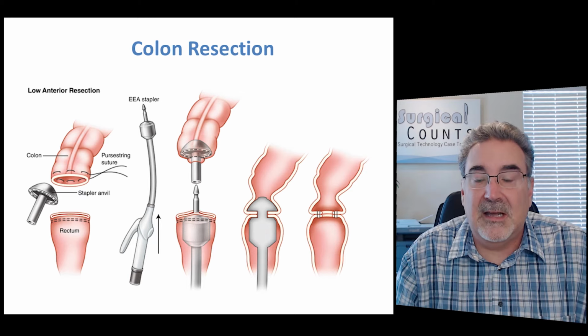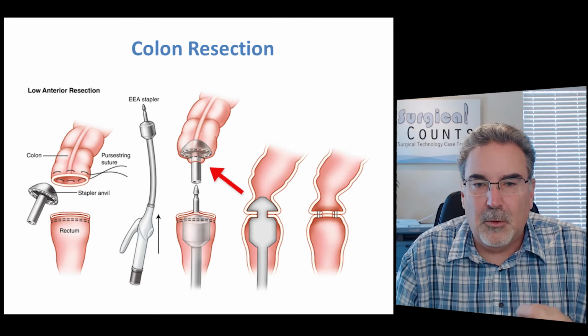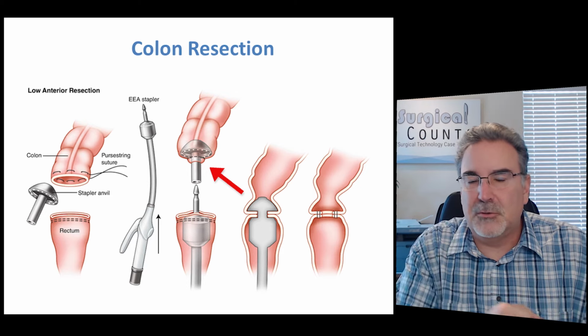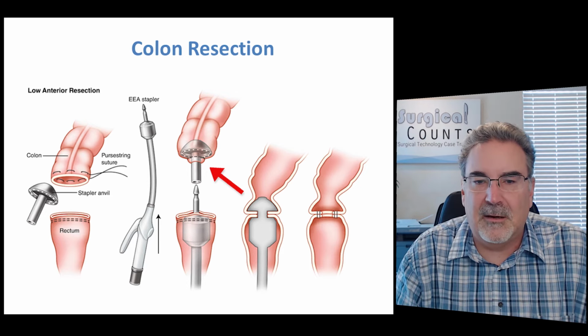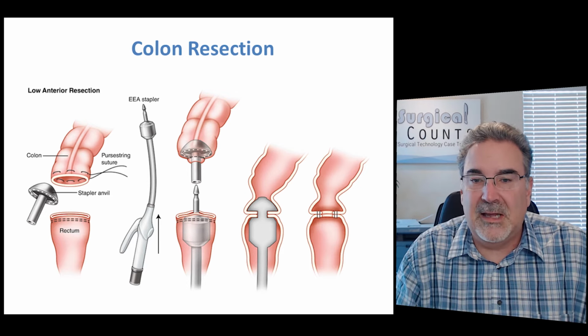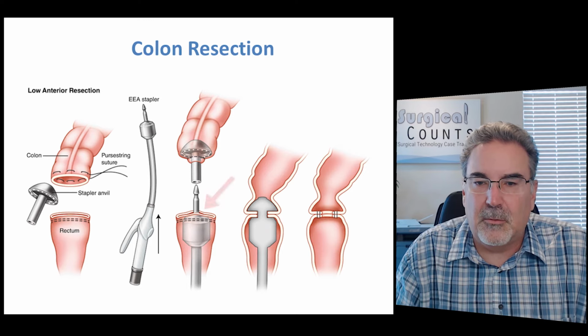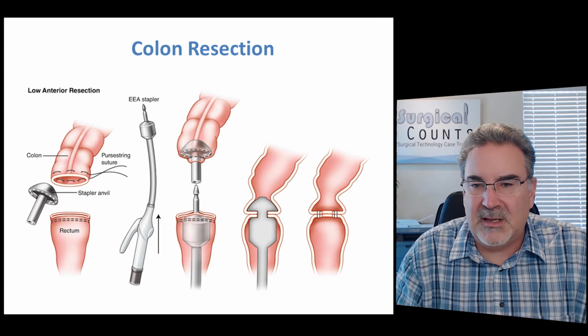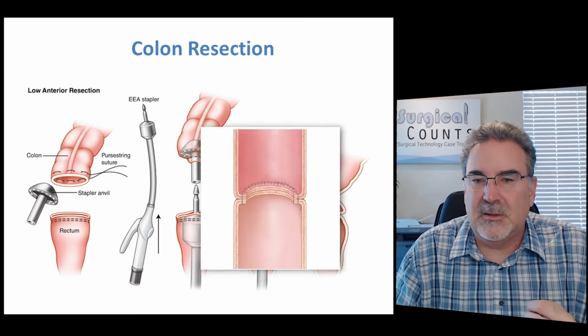So to use an EEA stapler, we're going to take this little anvil, we're going to insert it into the upper part of the colon, purse string suture around it, leaving this little tail here. We're going to take the rest of our EEA stapler, insert it through the rectum, poke it through this little staple line that we have here, connect the two pieces, and when we pull them together, it's going to do two things at once.